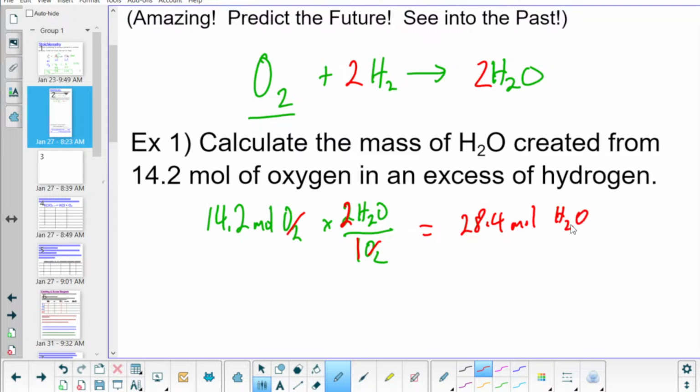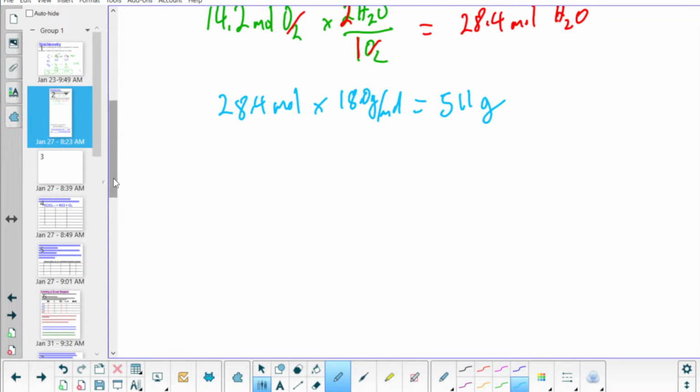After that, it's just a calculation as you would do in any of our calculations we've done before this. You've got so many moles, you multiply by the molar mass. And that gets you there very quickly.